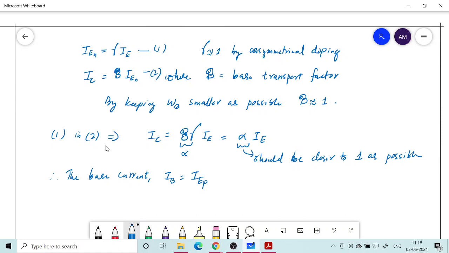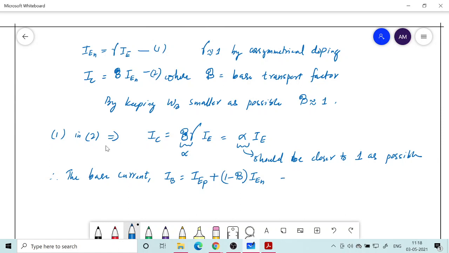The other component is due to the recombinations, that is 1 minus this curly b into IEN. So of all the electrons which reach the base region, I told you out of 100 maybe one of them will get recombined, and the rest will be collected by the collector. So that one recombination results in base current. The other way the base current will come is because of the diffusion of holes from base to the collector. So these are the two ways.